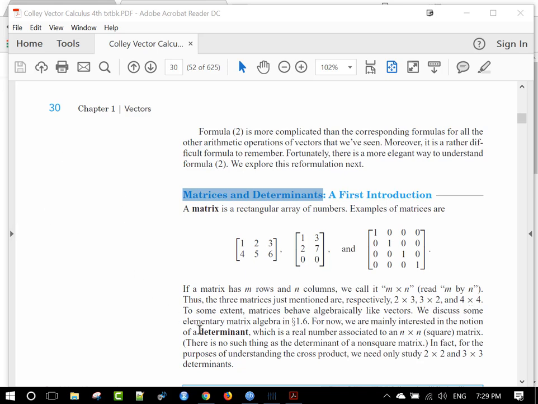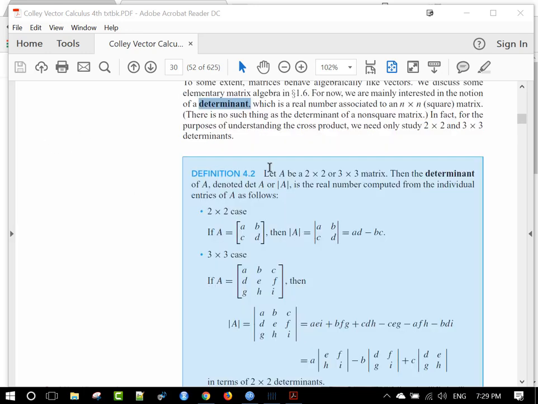However, right now we're going to focus on what's called the determinant of a matrix, and we're going to consider only 2 by 2 and 3 by 3 matrices, because we're only doing this right now for the cross product. So we're going to define what we mean by the determinant, and we're going to consider matrices of size either 2 by 2 or 3 by 3.